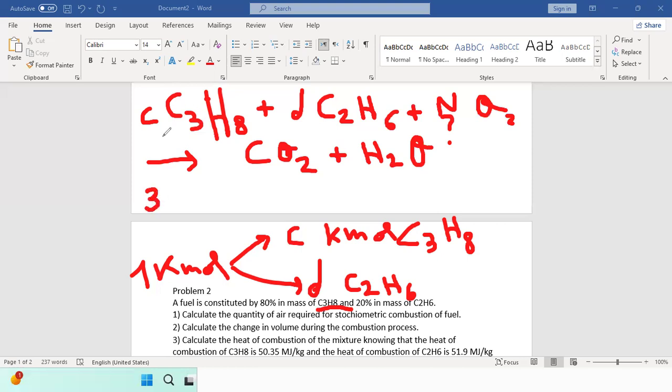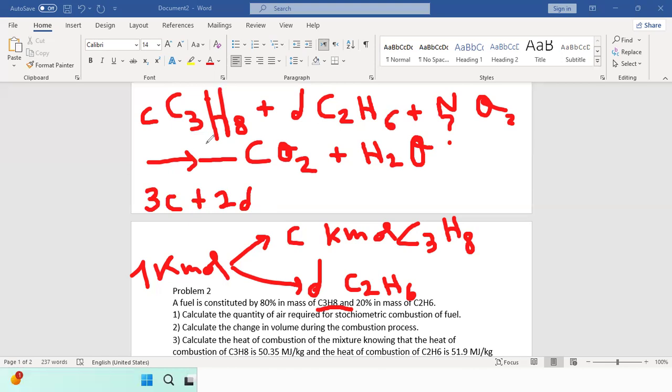So since I have C kilomole of C3H8, it will contain 3C kilomole of carbon. And D kilomole of C2H6 will contain 2D kilomole of carbon. So I should have in the products also the same number of kilomoles.